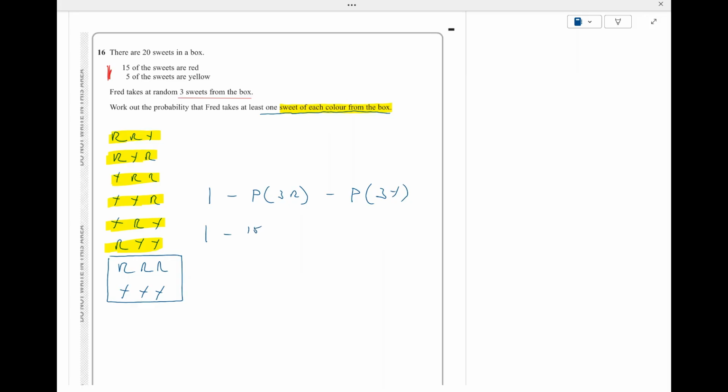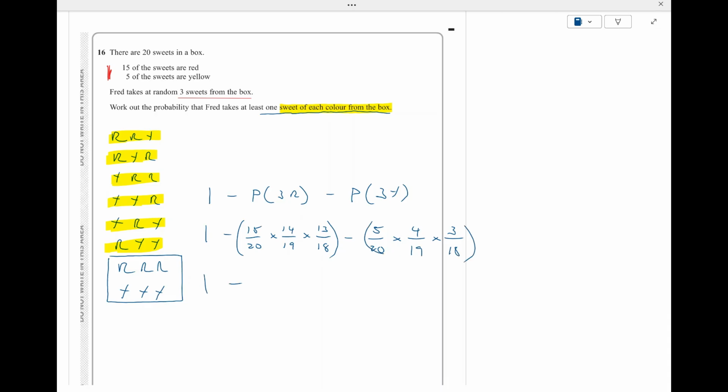Well, that's going to be 15 out of 20, and then the probability of the next one being red, 14 out of 19. Probability of the next one being red, 13 out of 18. Minus the probability of getting 3 yellows. Well, the first one being yellow, and then if the first one's yellow, he's only got 4 yellows left out of the 19. He's only got 3 yellows left out of the 18.